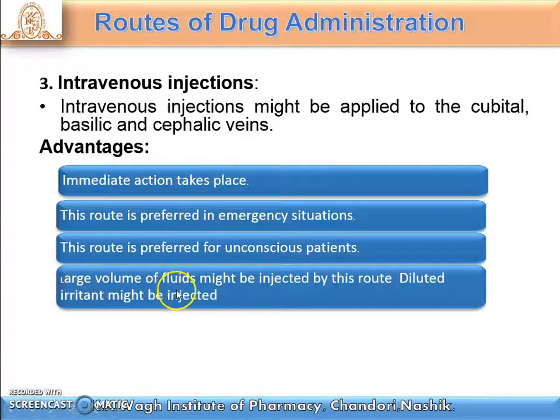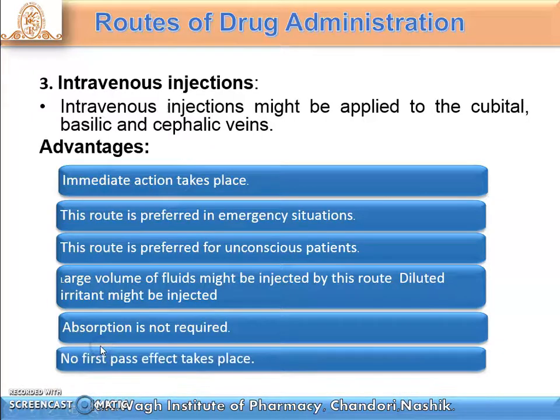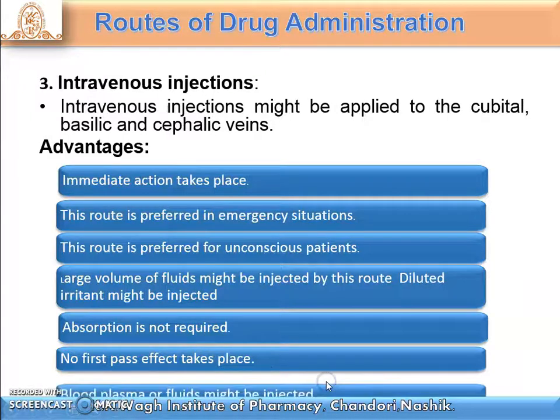A large volume of fluid might be injected by this route. Diluted irritants might be injected by the intravenous route. It is preferred for large volume parenterals. Absorption is not required, since the drug directly goes into the systemic circulation, and no first pass effect takes place.